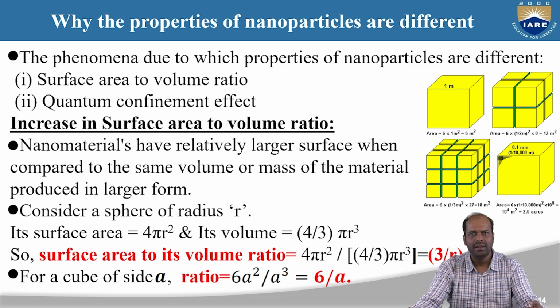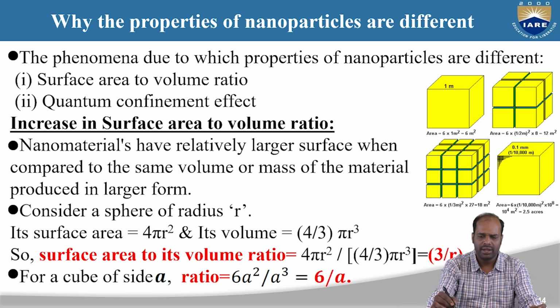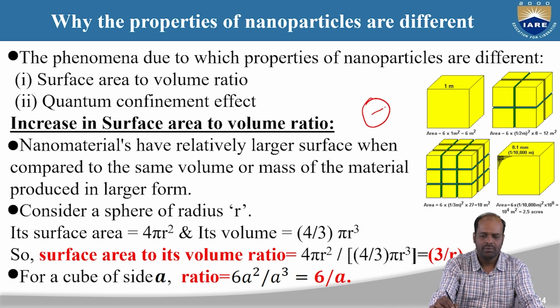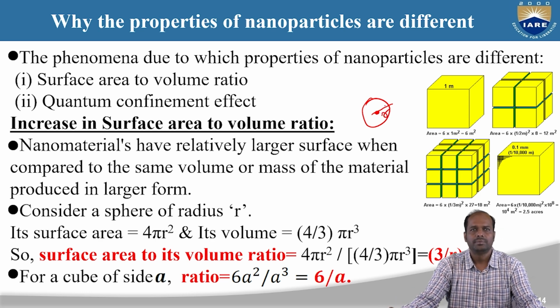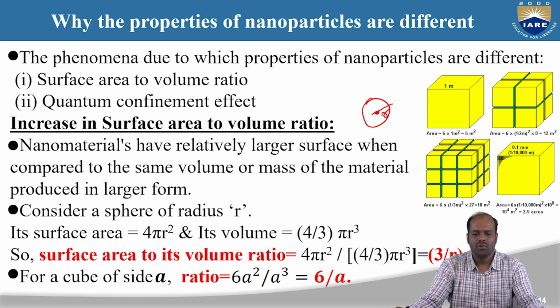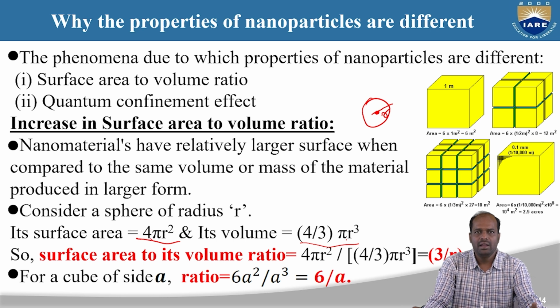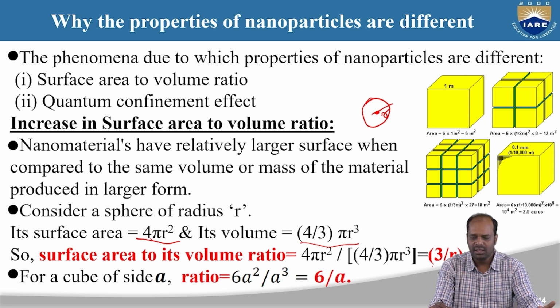Consider a sphere of radius r. Its surface area is 4 pi r square, and its volume is 4 third pi r cube. The surface area to volume ratio is 4 pi r square by 4 third pi r cube, that is nothing but 3 by r.